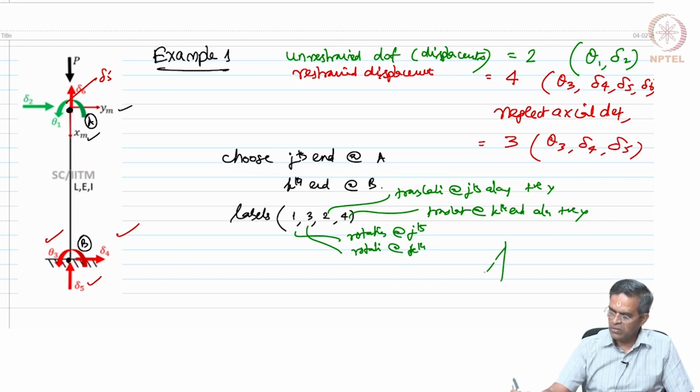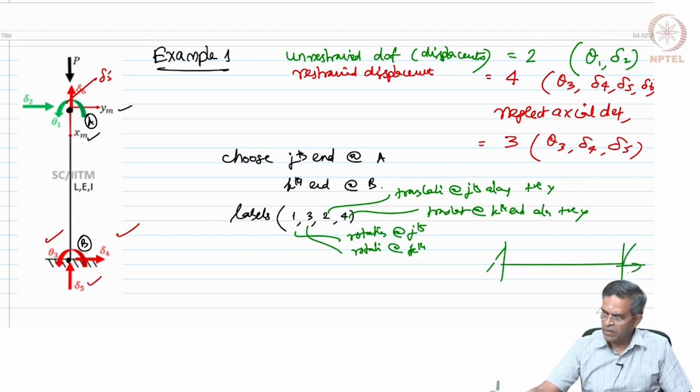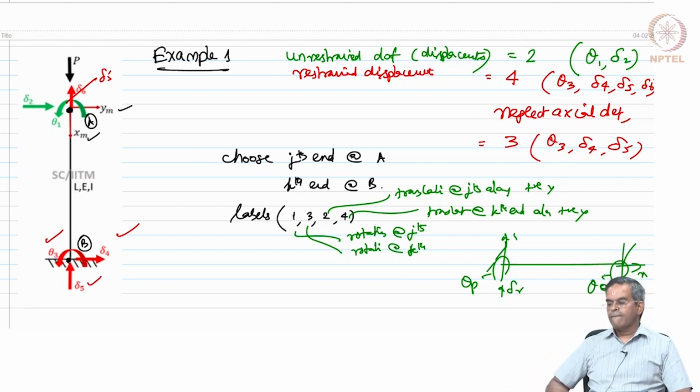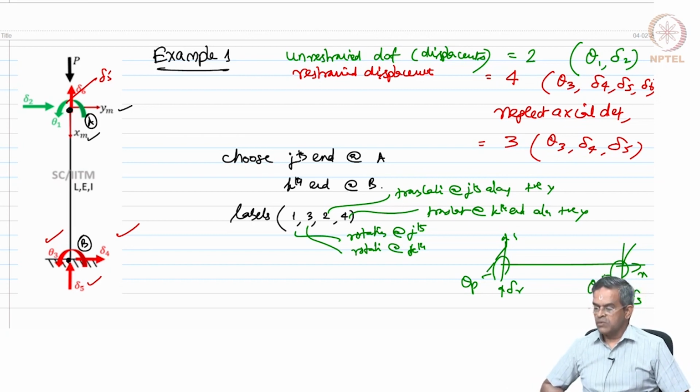That is standard, no? See, look at the fixed beam. This is xm, this is ym, theta p, theta q, del r and del s, is it not? So, p corresponds to rotation at jth end, q corresponds to rotation at kth end, r corresponds to translation at jth end along positive y, and s is at the kth end. So, same logic here.